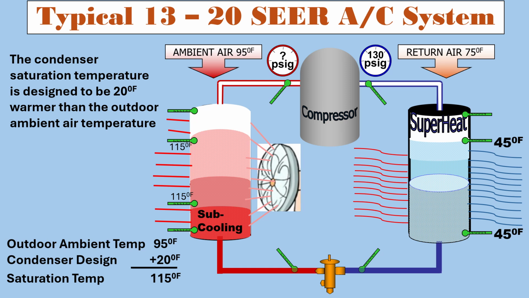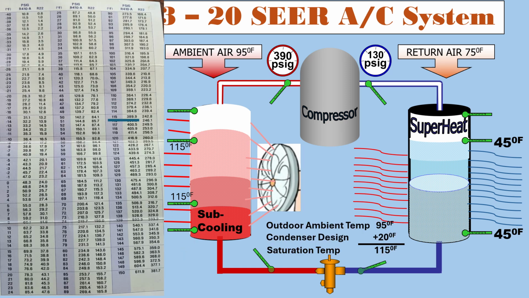So the condenser's saturation temperature is designed to be 20 degrees warmer than the outdoor ambient temperature. So we have an outdoor ambient temperature of 95, condenser design of 20, so that's 115 degrees again. And so we need to convert that.